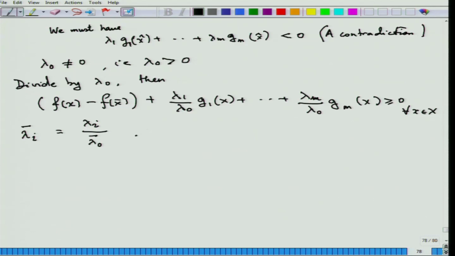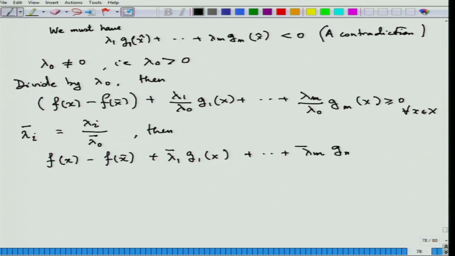Then we have f(x) minus f(x bar) plus lambda 1 bar g1(x) plus, up to, lambda m bar gm(x) is greater than or equal to 0 for all x in X. Now, set x equal to x bar.